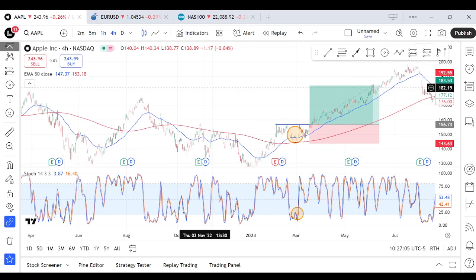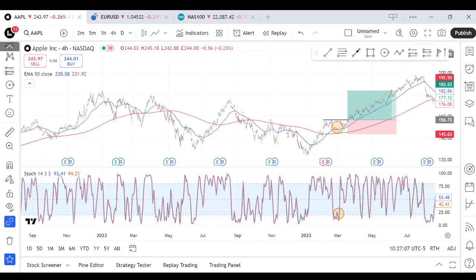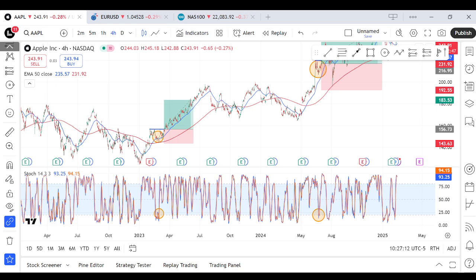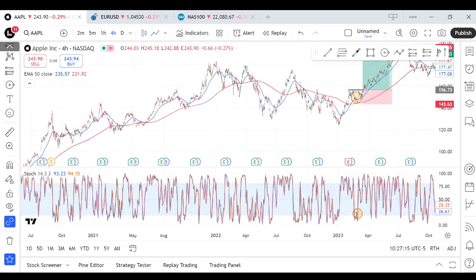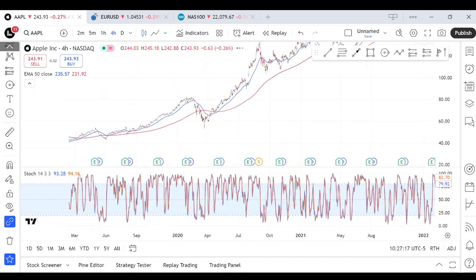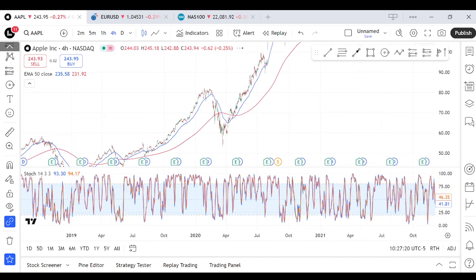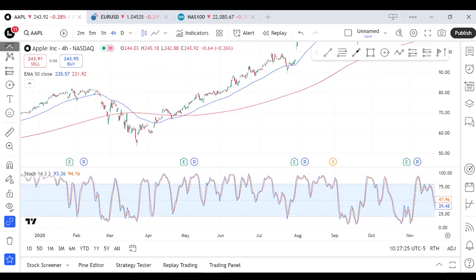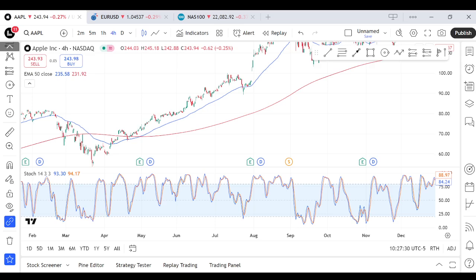So let's look at an example for a short position. For a short setup, it's basically the opposite of our long setup. So you can see further examples here, price being above the 50-day and above the 200-day, and we look for the confirmation of the stochastic going below the 20 level in this case, and going back above it.